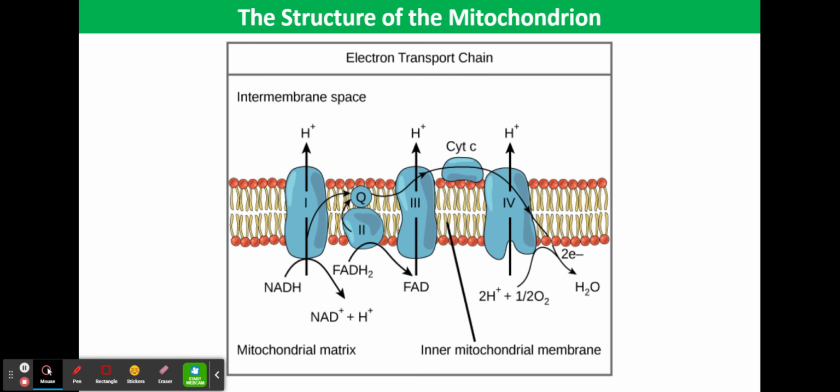The iron can accept and donate electrons because it can become reduced, Fe2+, by gaining an electron, and then it can become oxidized, Fe3+, when donating the electron to the next electron carrier. Electron carrier proteins are oxidoreductase enzymes.